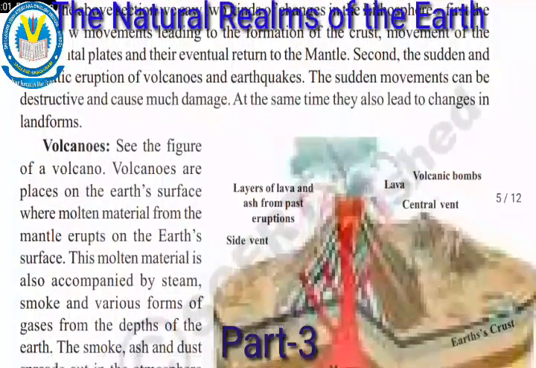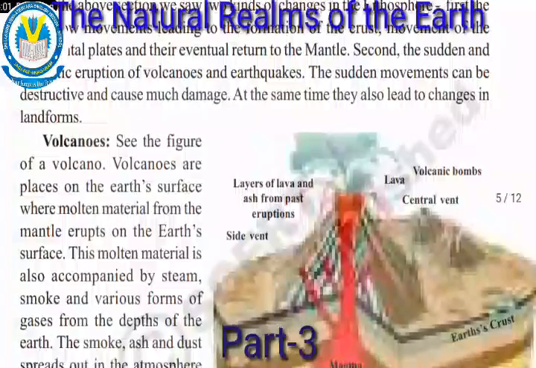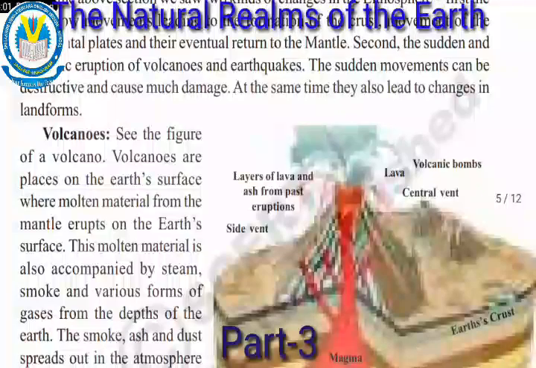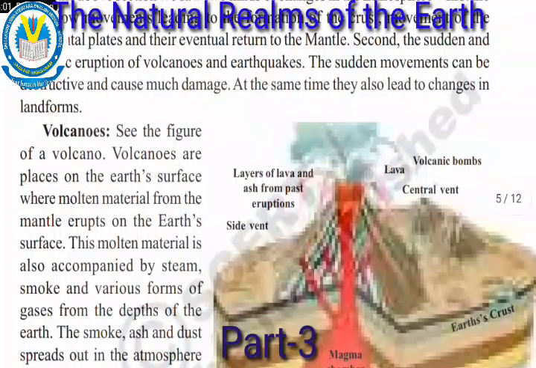In the above section, we saw two kinds of changes in the lithosphere. First, the very slow movements leading to the formation of the crust, movements of the continental plates and their eventual return to the mantle. Second, the sudden and dramatic eruption of volcanoes and earthquakes.